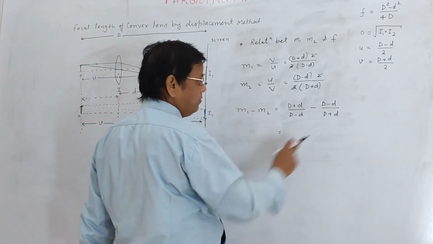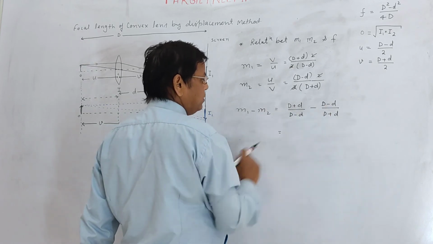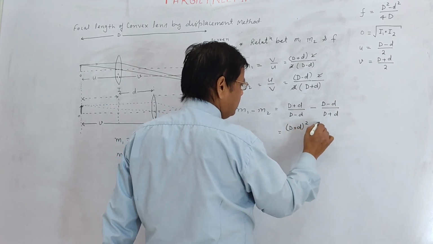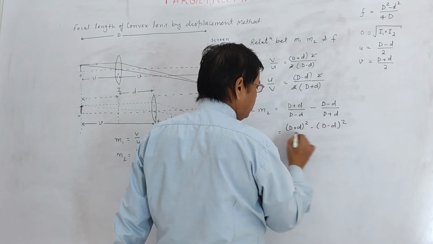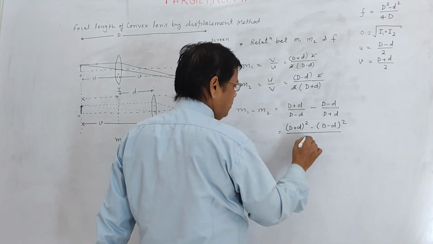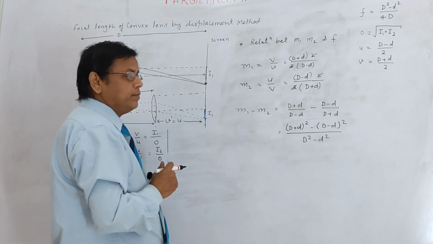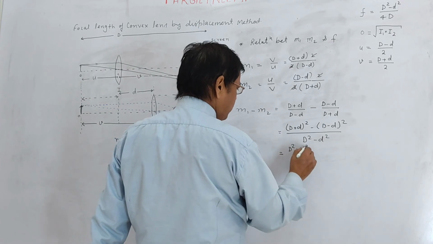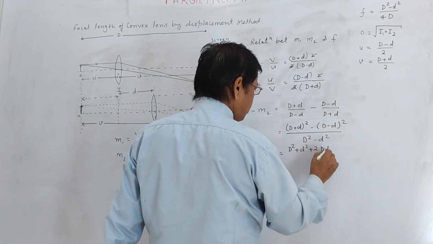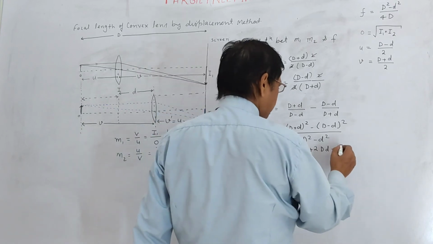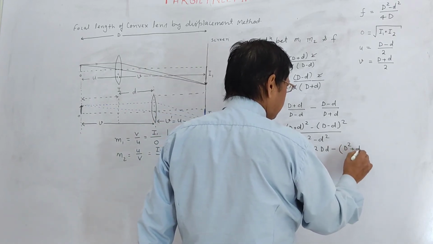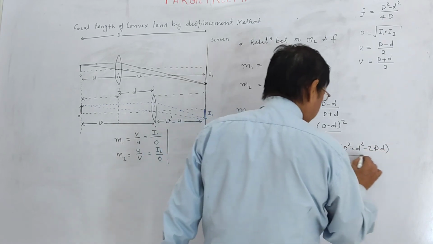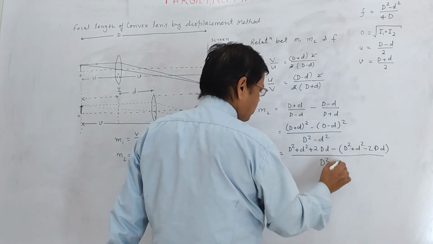Now see, if I multiply this into this, then it becomes D plus d whole square minus D minus d whole square, whole divided by D square minus d square. Now open these two. So it is D square plus d square plus 2Dd minus D square plus d square minus 2Dd upon D square minus d square.